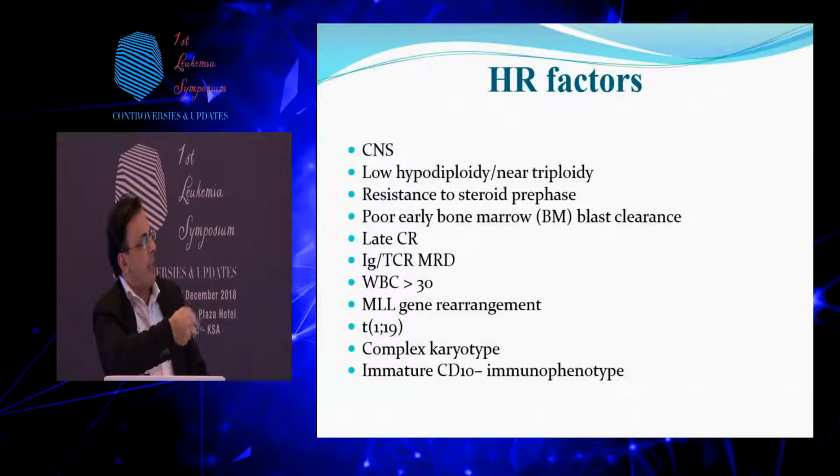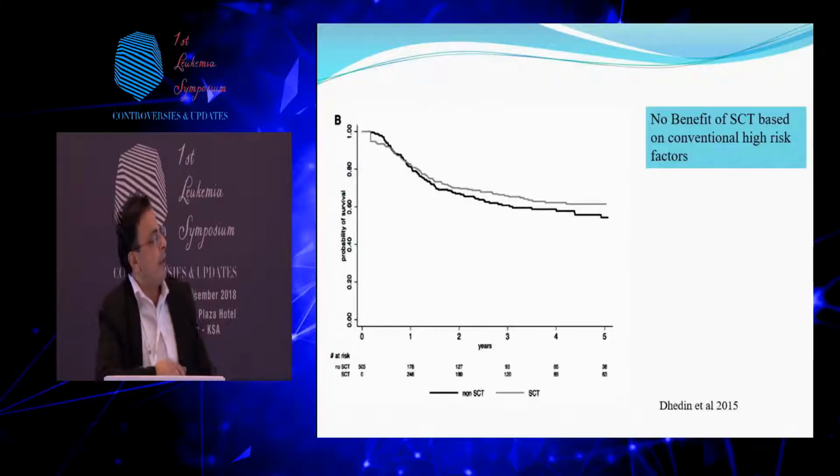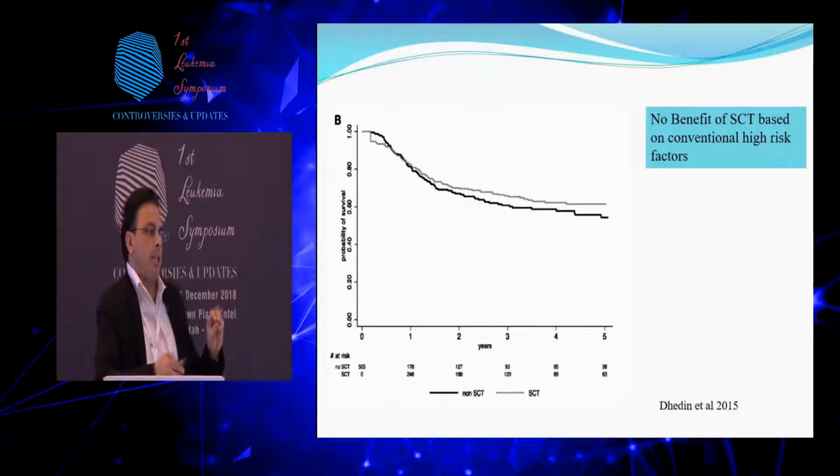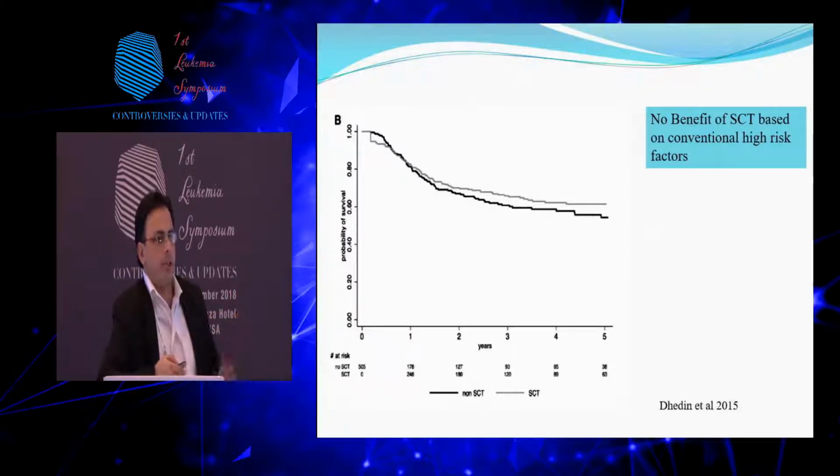The risk factors to allocate to transplant in high risk were the conventional risk factors. And the curves are on top of each other. No benefit of transplant based on conventional risk factors. So if you use conventional risk factors while using a pediatric type chemotherapy protocol, there is no benefit for transplant versus non-transplant.